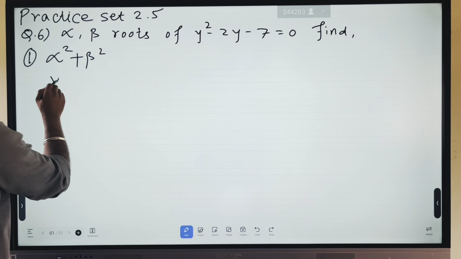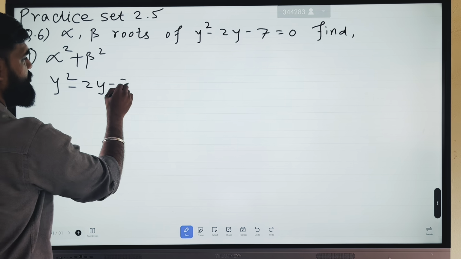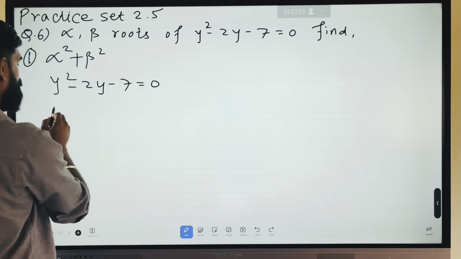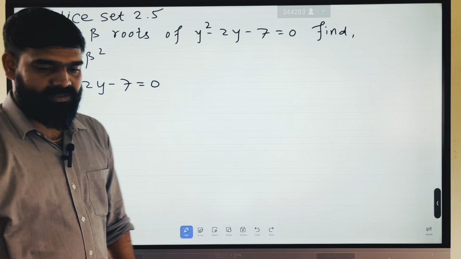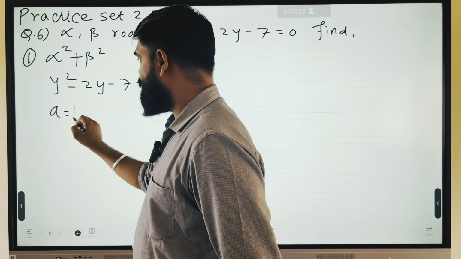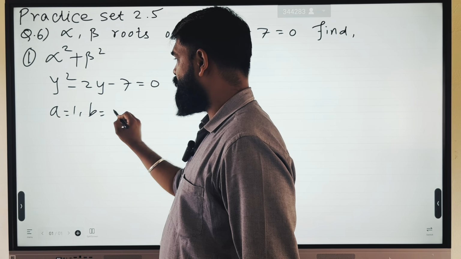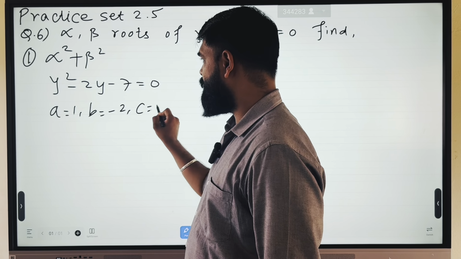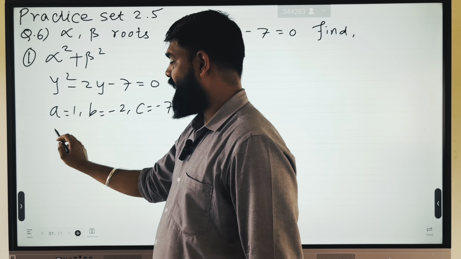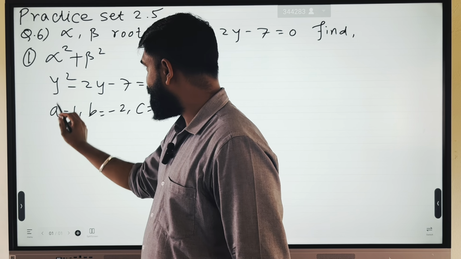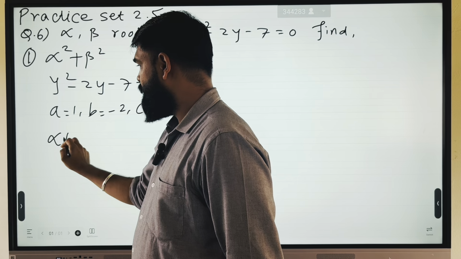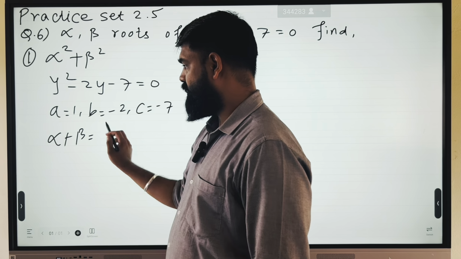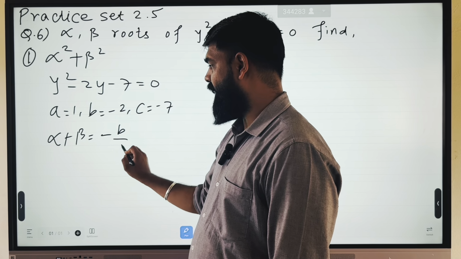So this is the equation, y square minus 2y minus 7 is equal to 0. The value of a is equal to 1, value of b is equal to minus 2, value of c is equal to minus 7. So the value of alpha plus beta, the formula for this is minus b by a.